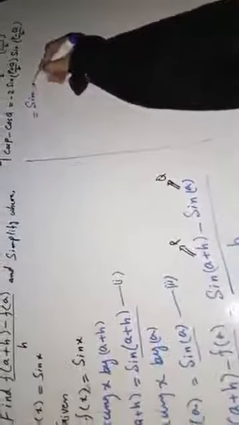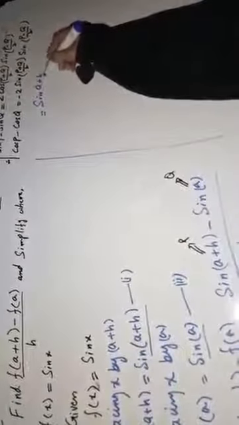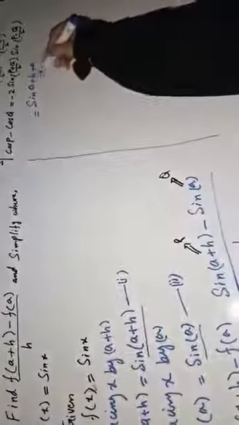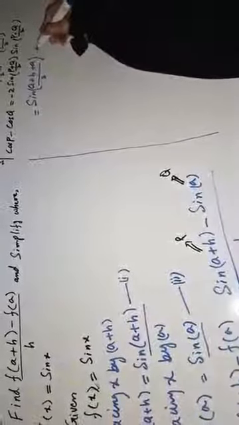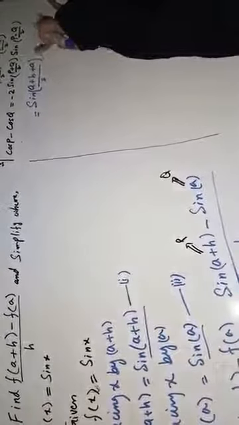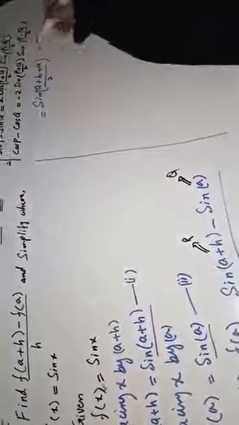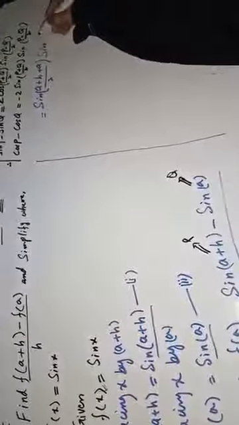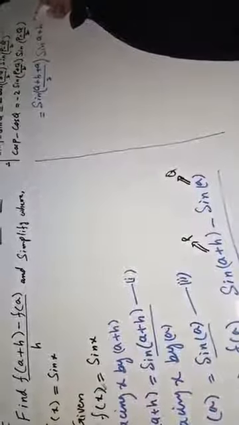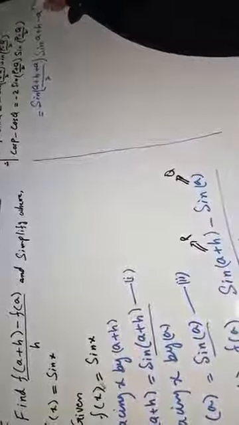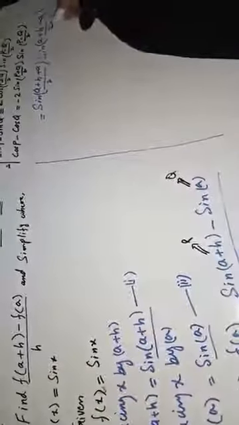Sin p plus q means a plus h plus a, divided by 2, times sin p minus q, where p is a plus h and q is a, divided by 2.